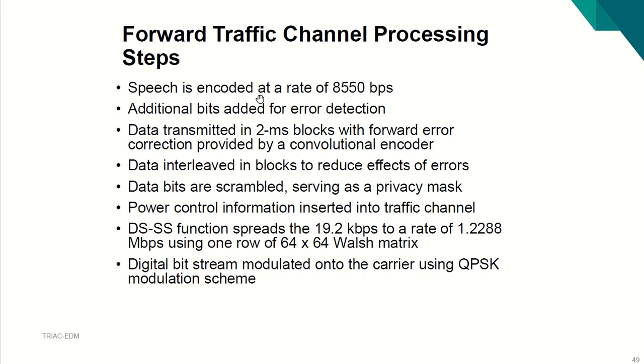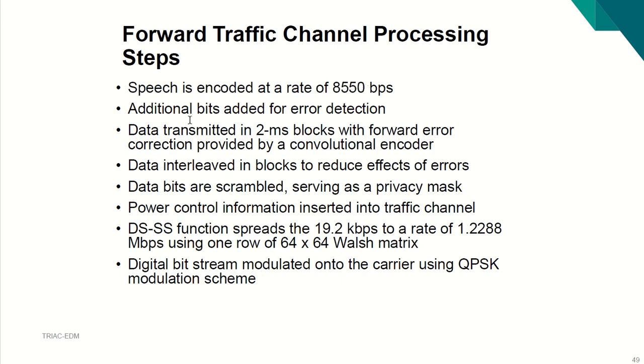Then the forward traffic channel processing steps. As I said, voice or speech is the typical type. It is encoded at a rate of 8550 bps. Then additional bits are added for error detection, so the rate will be more than this.